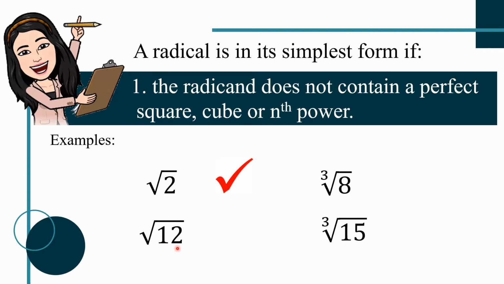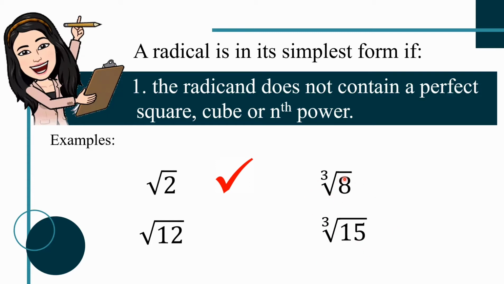Yes, we have 4 times 3. Tama ba? When we say factors, alin doon yung number or two numbers na pag pinag-multiply natin will result to 12. So that is 4 times 3. And we all know that 4 is a perfect square. So therefore, the square root of 12 is not yet in its simplest form. Did you understand?